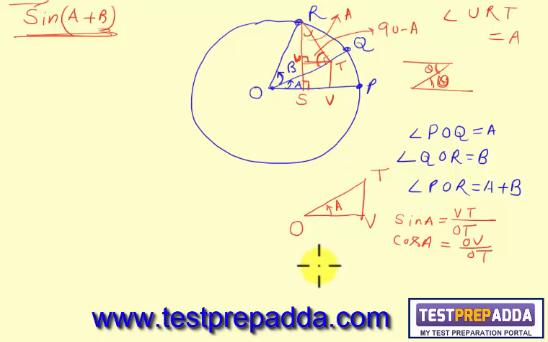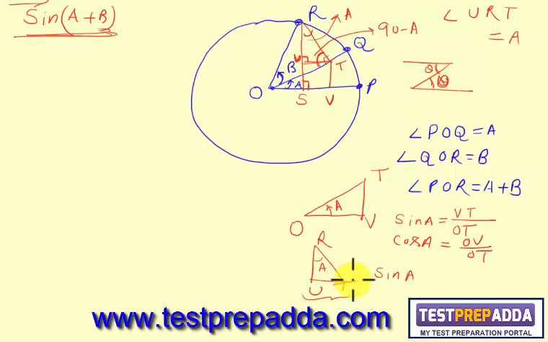Okay, now there is one more triangle where one angle is A, and that is RUT. If I draw here, I will copy as such. Here it is R, here it is U, here it is T. And this angle is A. So if I ask you what is sine A, this UT is perpendicular here.